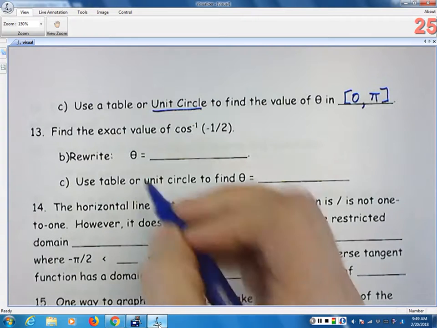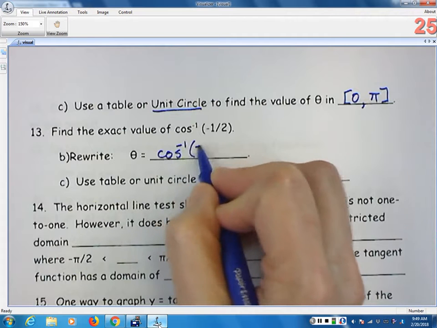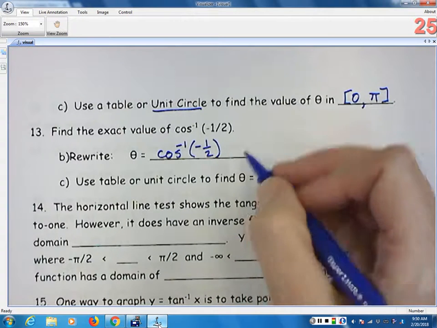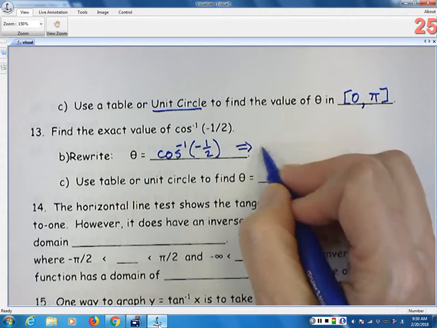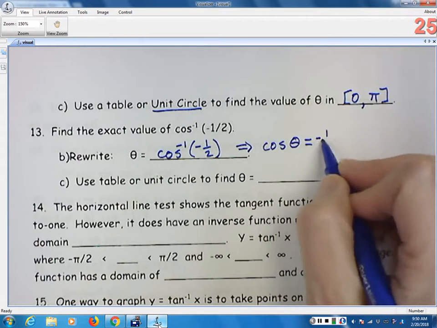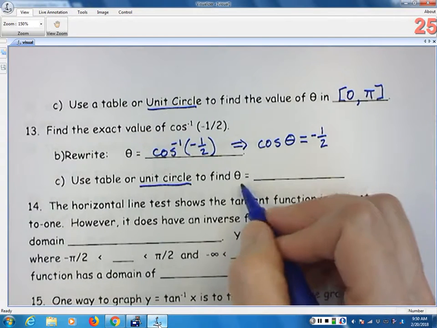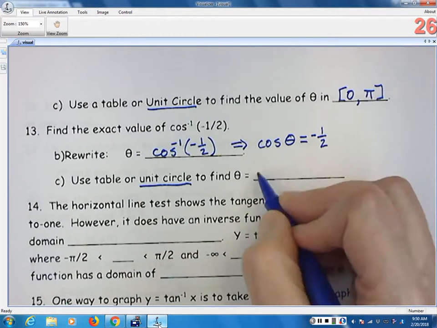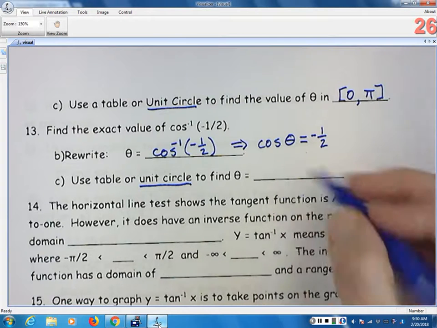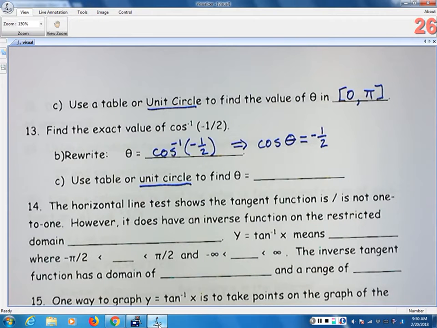You just write theta equals inverse cosine of negative 1/2, and then rewrite it as cosine theta equals negative 1/2. Then we use the unit circle, looking between 0 and pi, to find what theta equals.